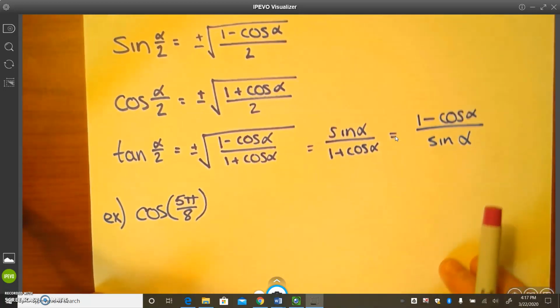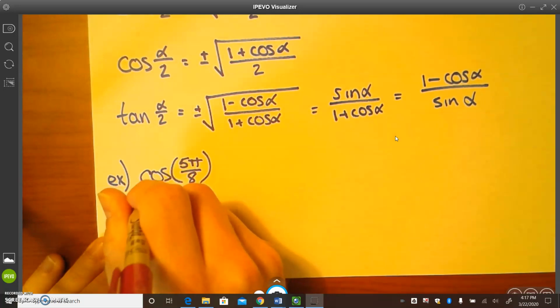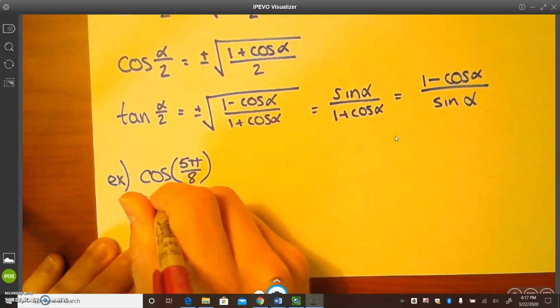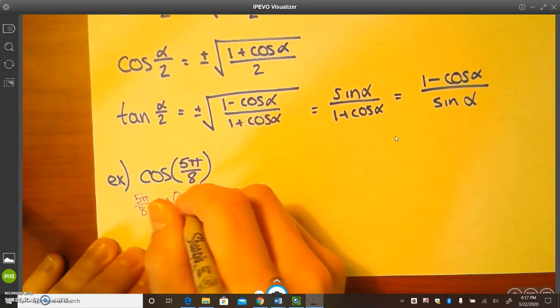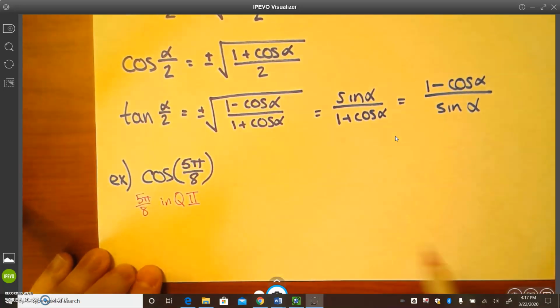Okay, so let's tackle this. I want to find the exact value of cosine of 5 pi over 8. The first thing you want to recognize is 5 pi over 8 is in quadrant 2. And the reason we want to consider that is I know cosine in quadrant 2 is negative.